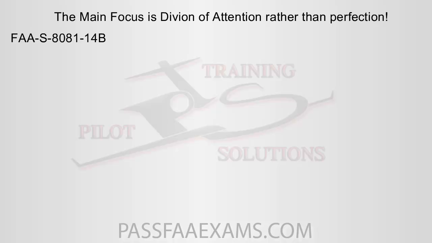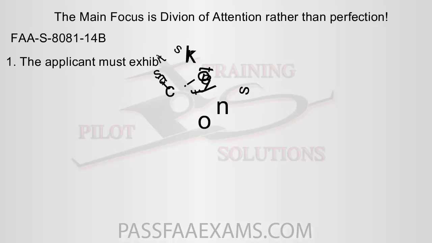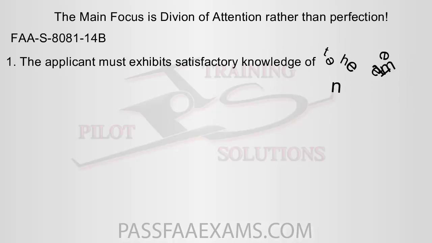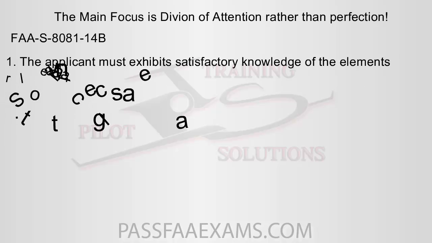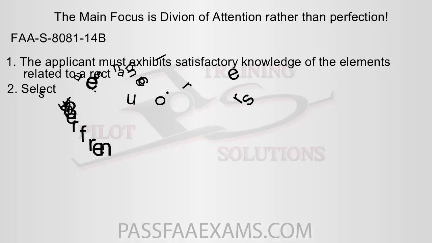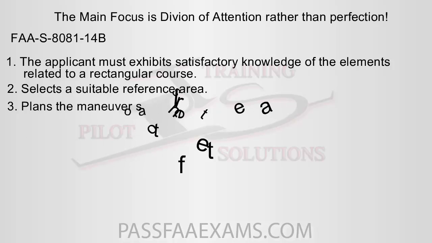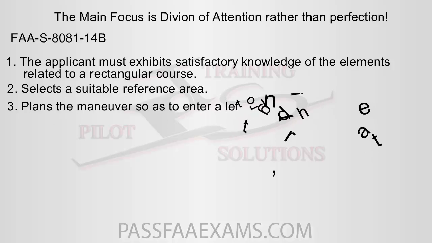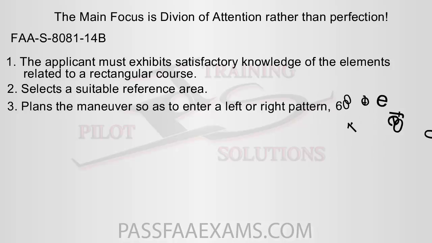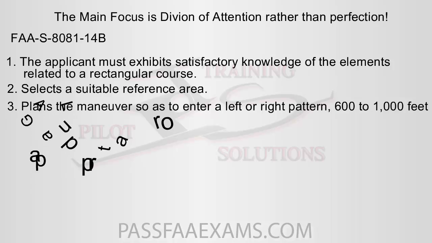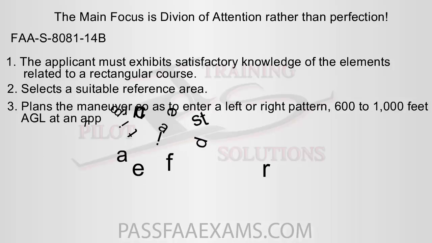What do they say? First of all, the applicant must exhibit satisfactory knowledge of the elements related to a rectangular course. Second, you select a suitable reference area. 3. You plan the maneuver so as to enter a left or right pattern 600 to 1000 feet AGL at an appropriate distance from the selected reference area at a 45-degree angle to the downwind leg. 4.